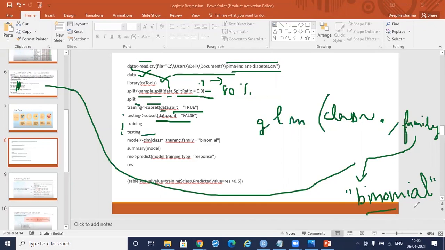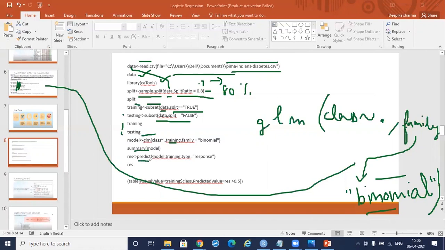Binomial itself means two outputs, either yes or no. So here we'll be calling this binomial, which sets the logistic regression functionality. The model will be trained with the training data, then we can check the summary. Once it is done, we can validate the model.